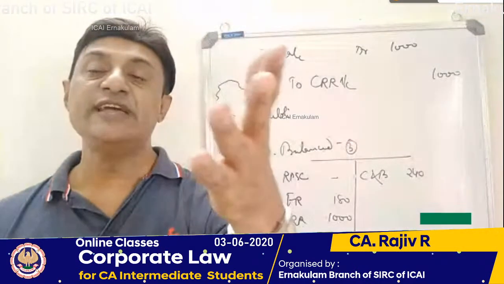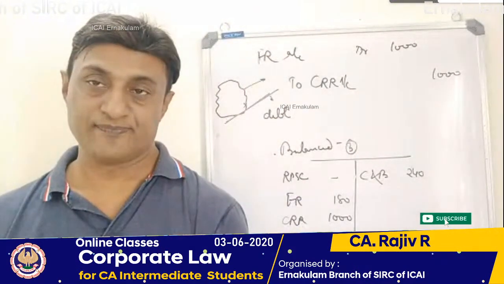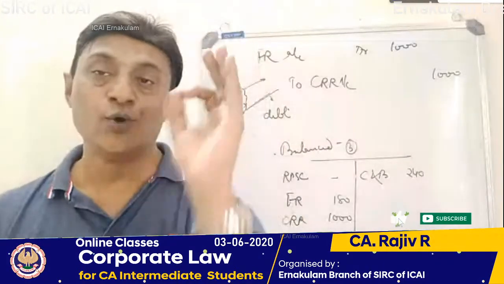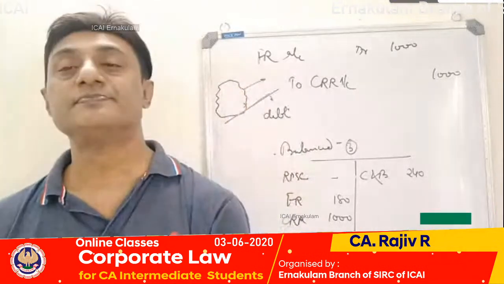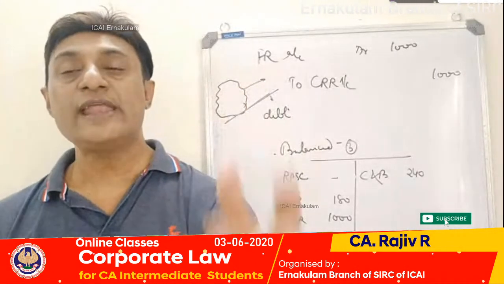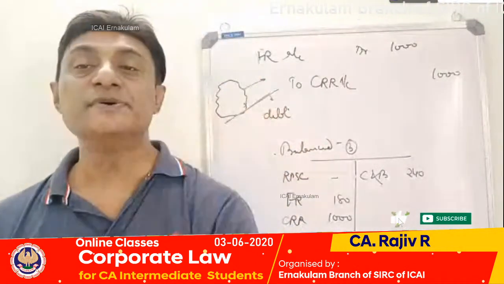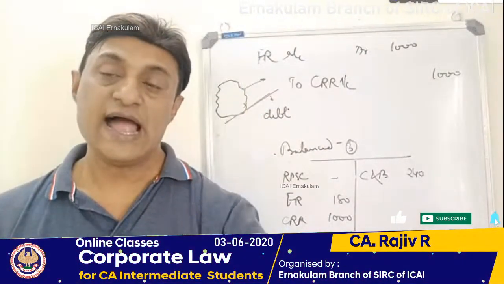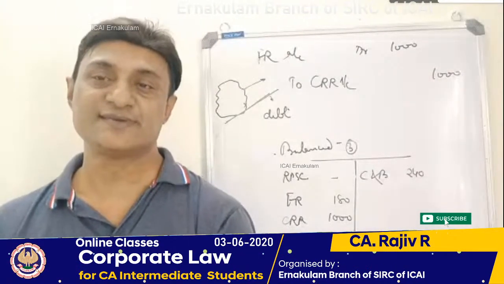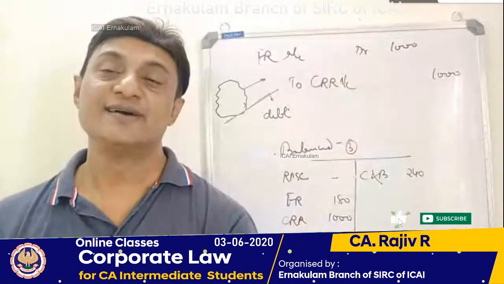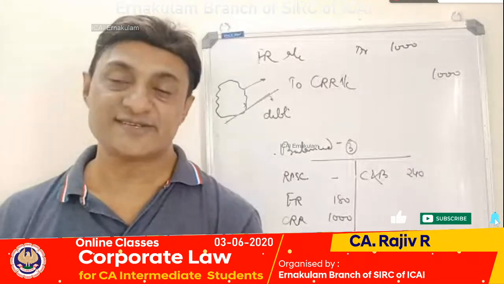If I need 50 lakhs for a project, financial management says, don't issue shares. Take a debt. If you can get 50 lakhs at 10% cost, and if this 50 lakhs is going to earn 13%, take it by form of a debt.